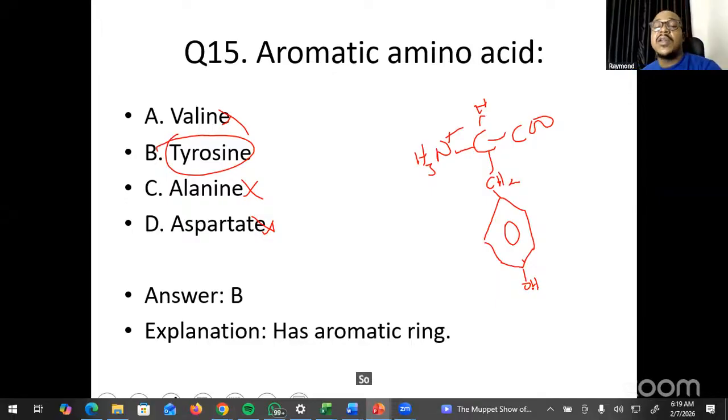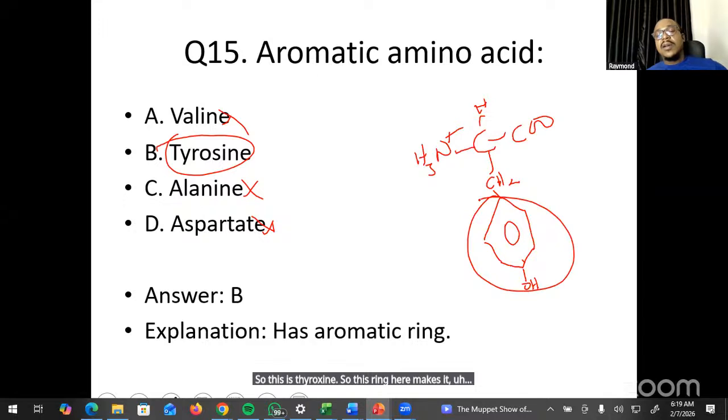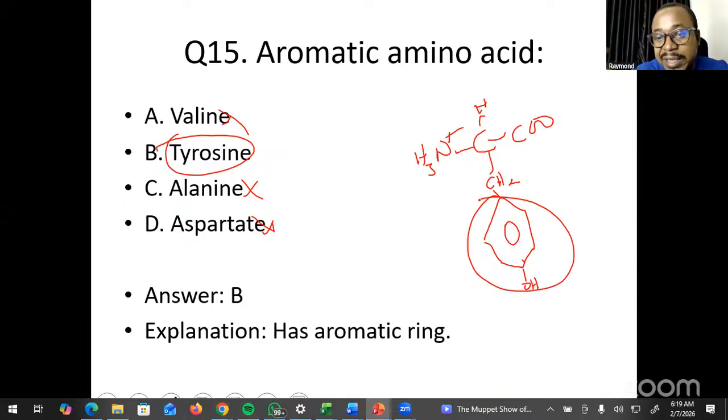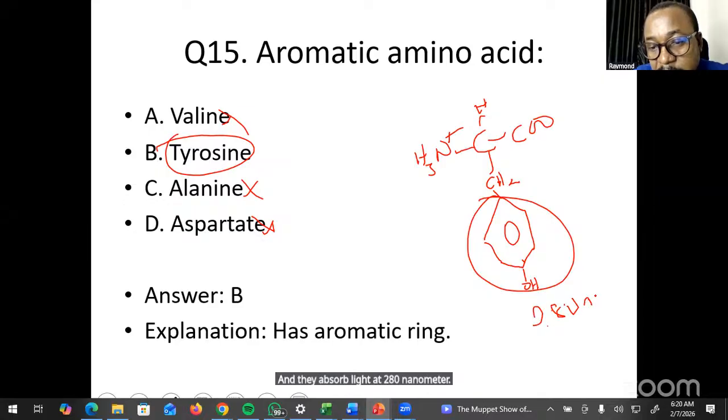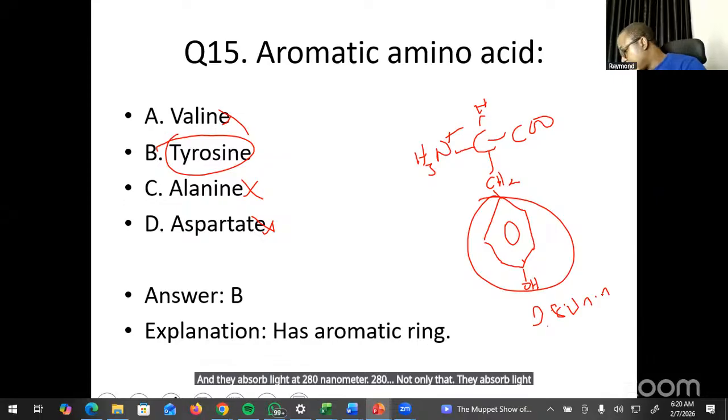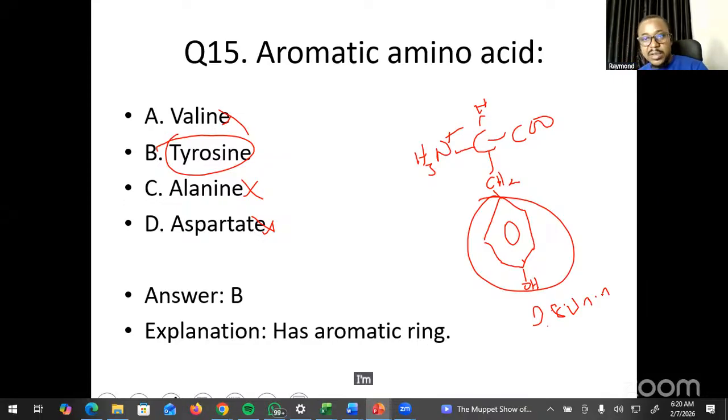So this is tyrosine. This ring here makes it aromatic, and aromatic amino acids absorb light at 280 nanometer.